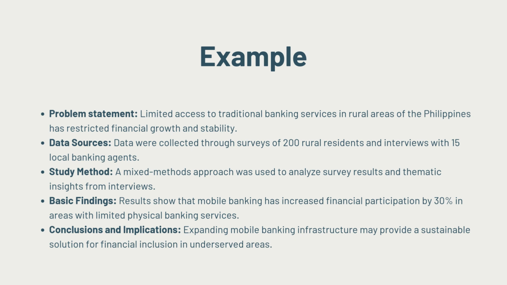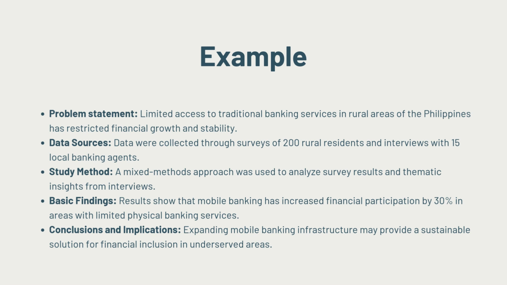We start with the problem statement, which can be: limited access to traditional banking services in rural areas of the Philippines has restricted financial growth and stability. Right from the start, this tells readers what gap or issue the research addresses. By highlighting a clear, relatable problem, you capture attention and show why the study is needed.